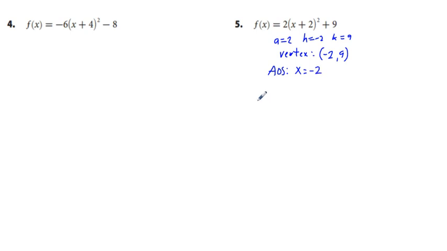Now, since a is greater than 0, we have a minimum and it is 9 where x is equal to negative 2.